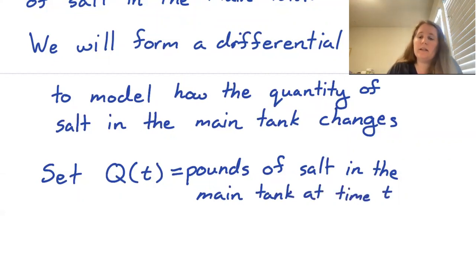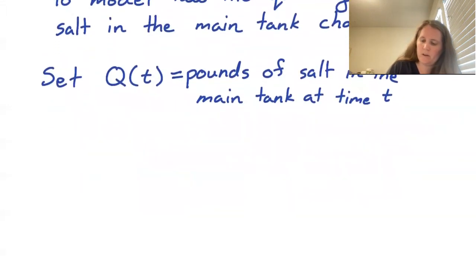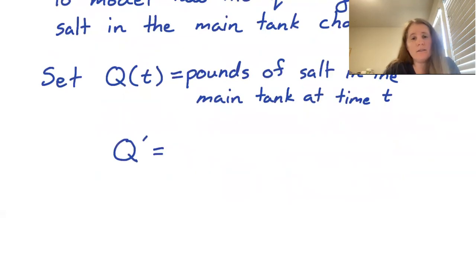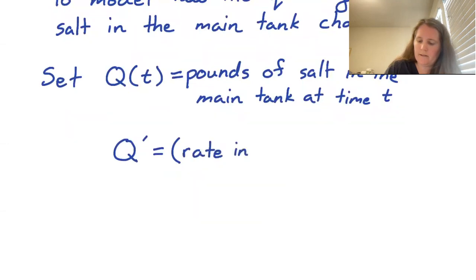We'll usually be looking at t in minutes, but that could change. And what we'll have is our Q prime should be the rate that the salt is added minus the rate that it's subtracted. So we often write this as rate in minus rate out.